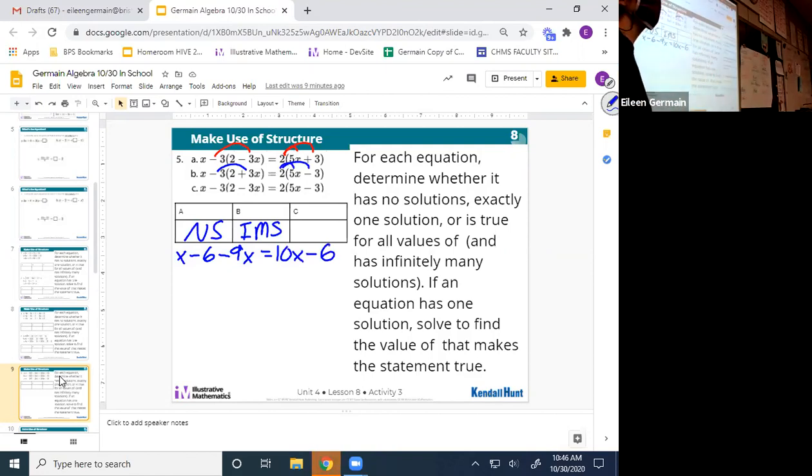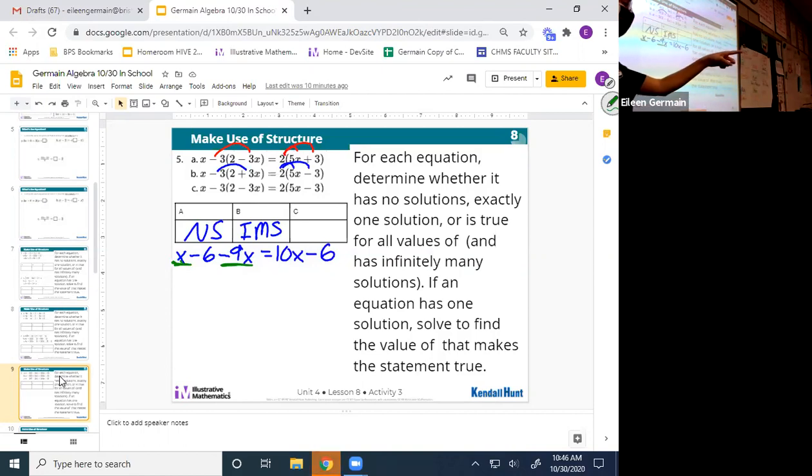What's my next step here? Sadie? Nope. We're not solving. We are combining our like terms. I have an x here and an x here. What do they combine to? 10x and a negative 9x.